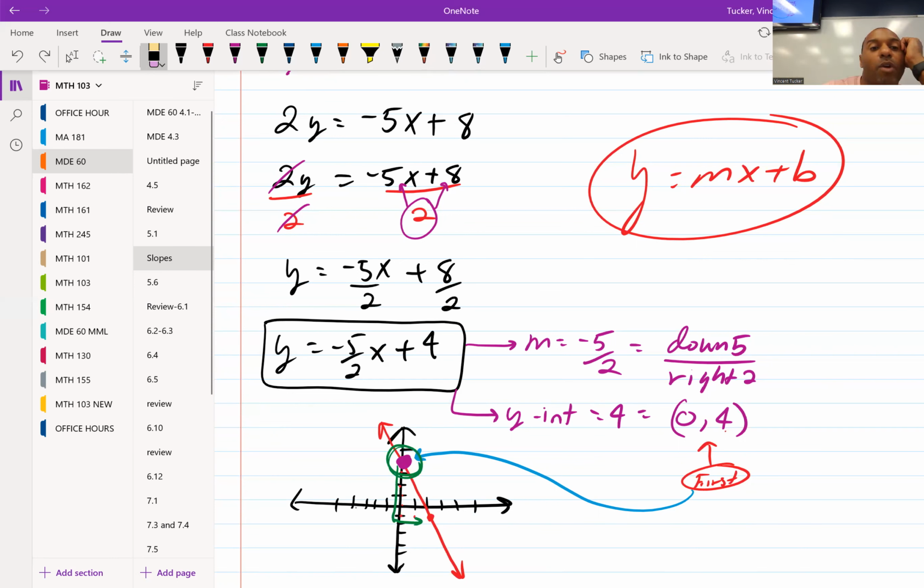All right, any problems? Okay. So that's graphing. It's 10-1 through 10-4, just graphing.